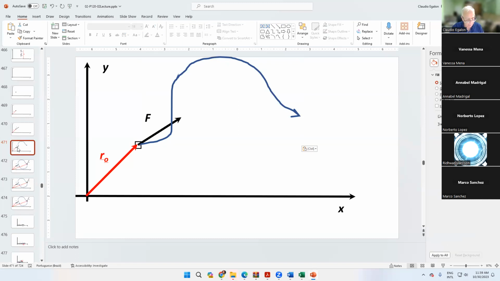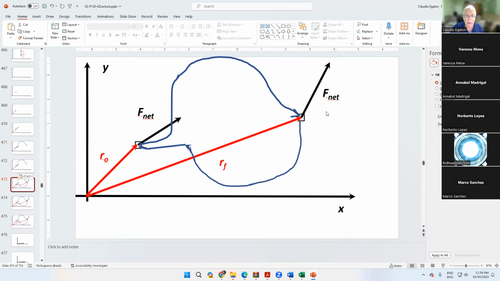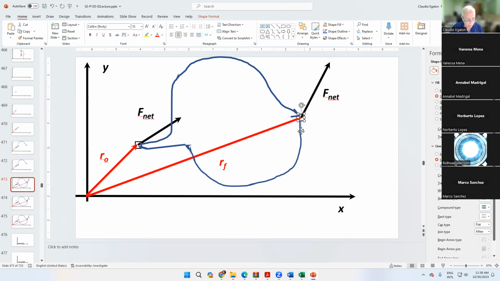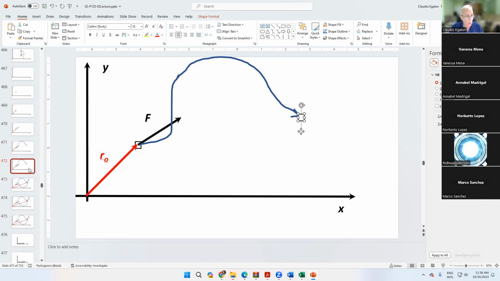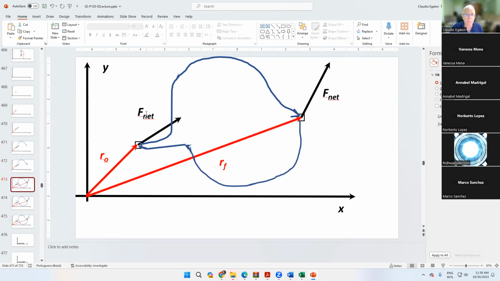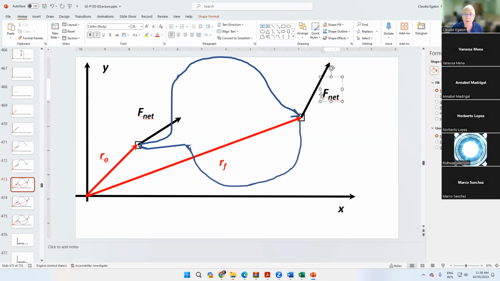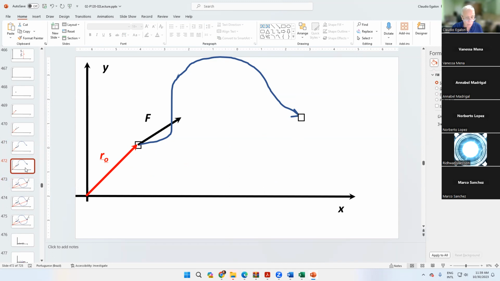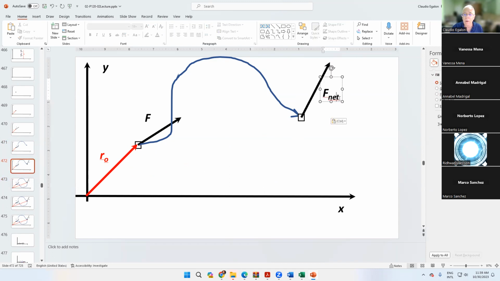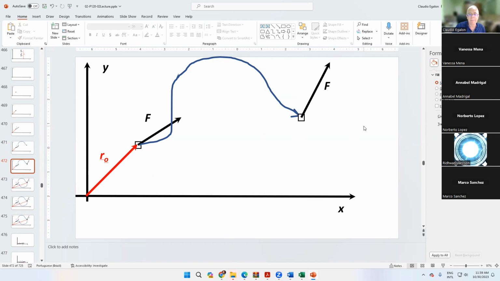And it ends up here at this other position, and then we have this other force.